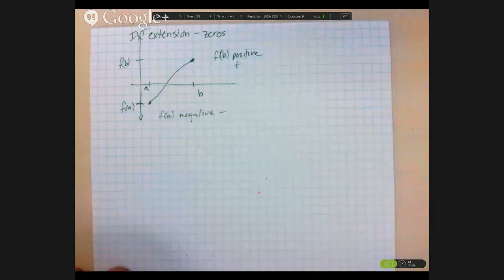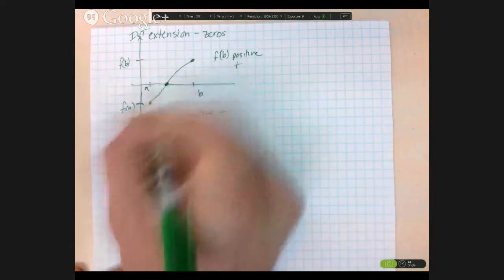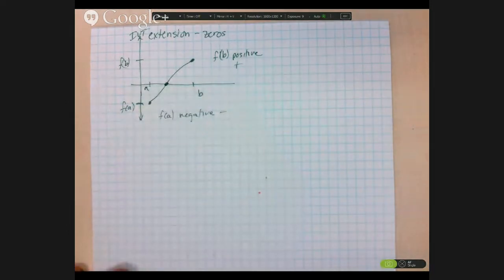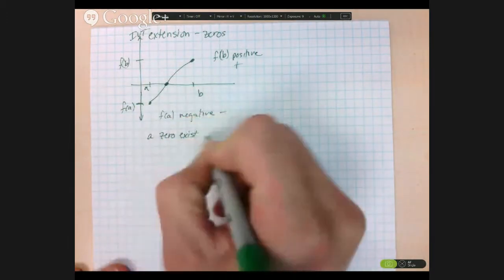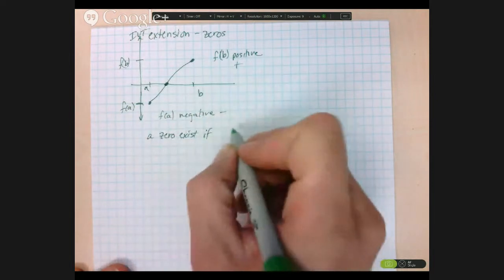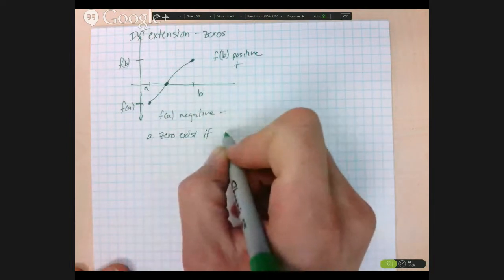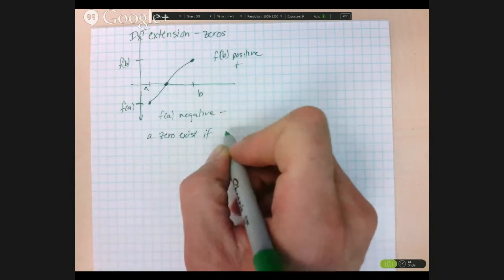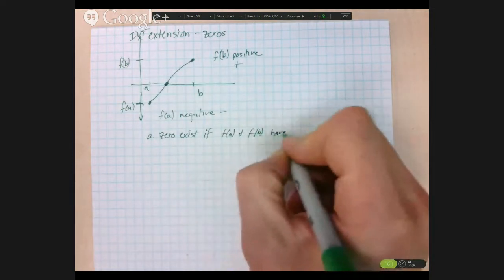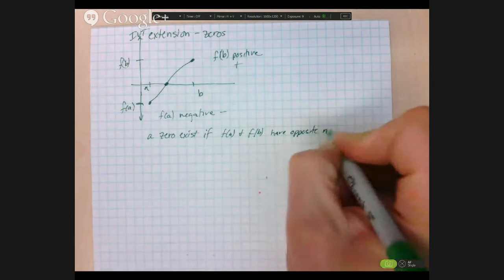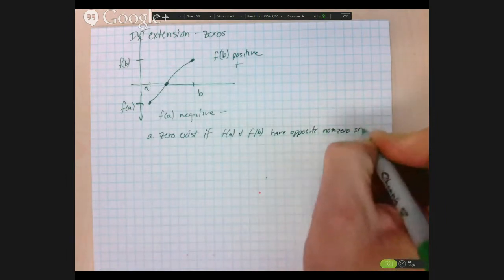What do we know about this graph or the function if f of b is positive and f of a is negative? What happens? Yeah, there's a 0. So we can confirm a 0 exists if f of a and f of b have opposite non-zero signs.